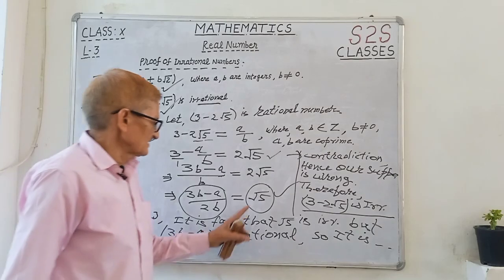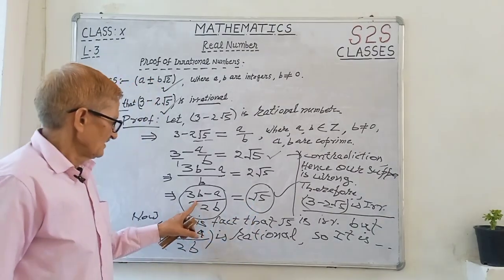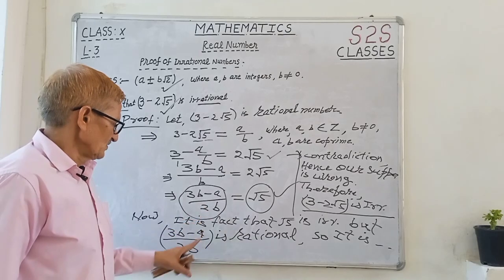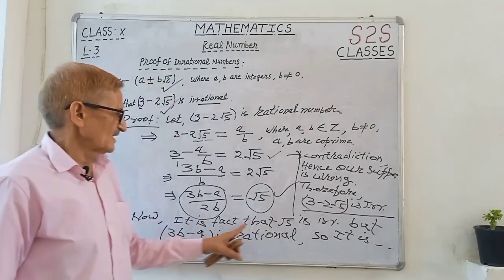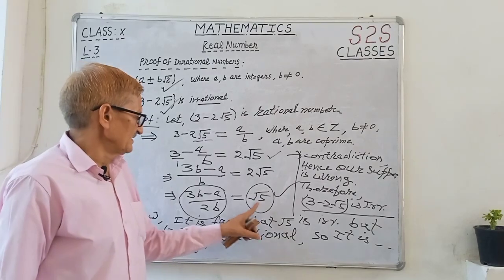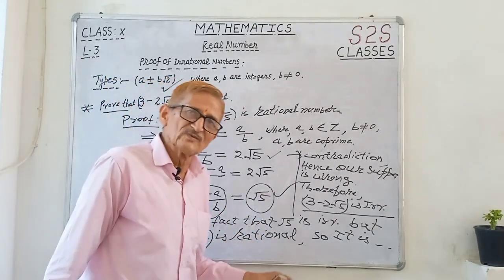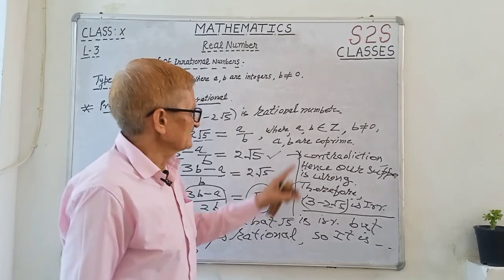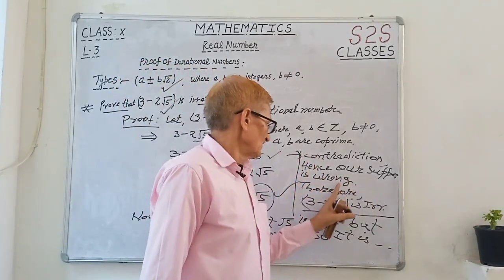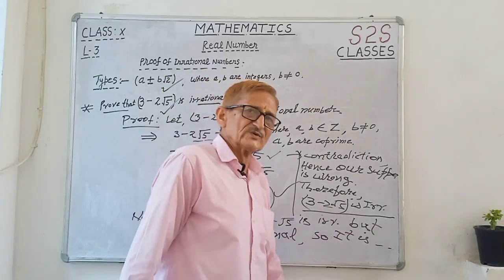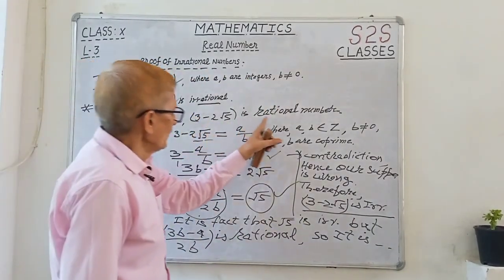So it is a fact that √5 is an irrational number, but (3b minus a)/2b is rational, so it is a contradiction. Right-hand side irrational, left-hand side rational, so it is not possible. Hence our supposition is wrong. Therefore 3 minus 2√5 is irrational, it is not rational.